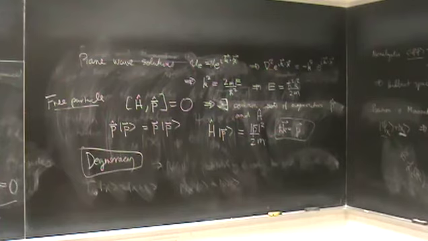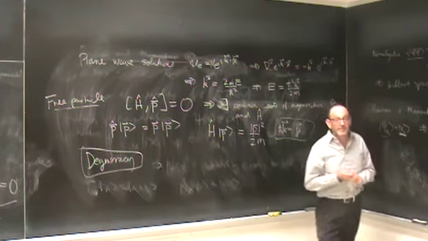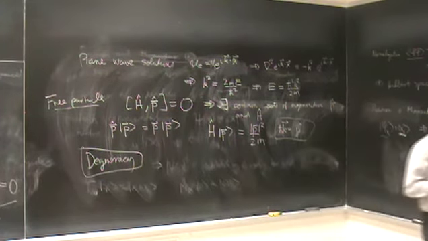That's what it means to be degenerate. It means there are different vectors that have the same eigenvalue. Oh, you're asking? Yeah, I'm asking. Oh, the same magnitude momentum, but different directions? Exactly. So the direction is irrelevant. It's only the magnitude that determines it.